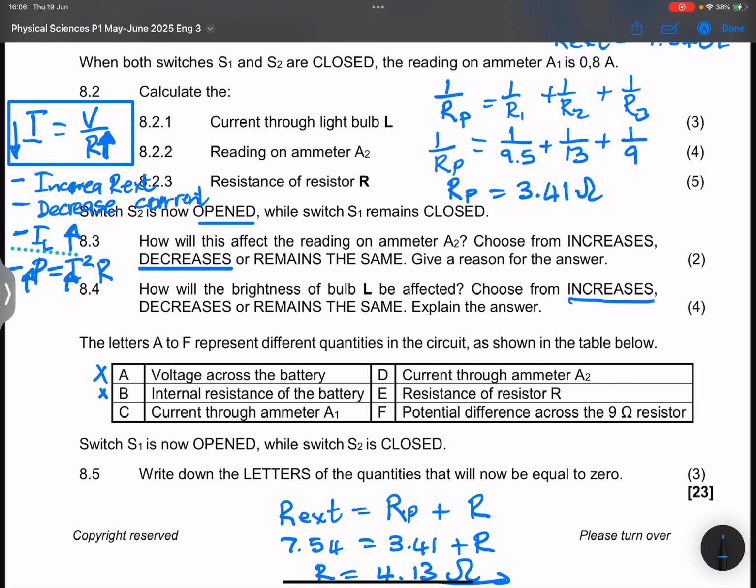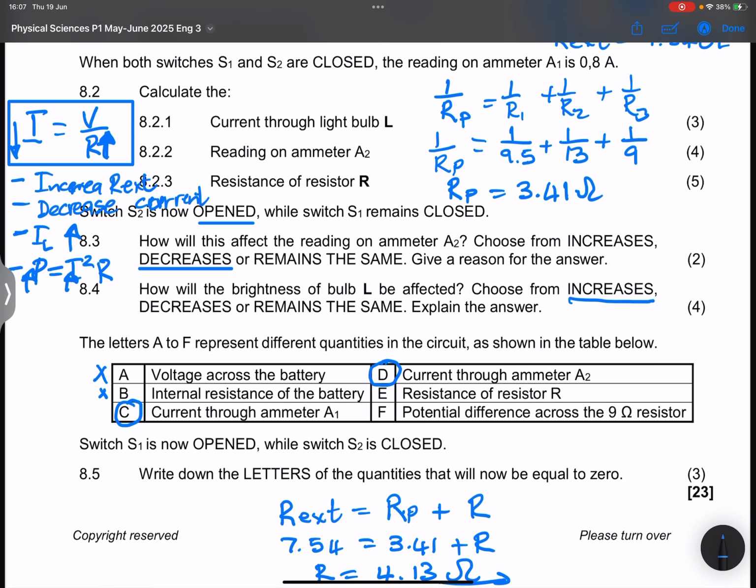Now they say to us the current through ammeter A1, definitely that will be zero. So that's the first one, okay? Remember, there's no longer current flowing in our external circuit. The current through A2, definitely. Okay? And they say the resistance of resistor R. Okay?